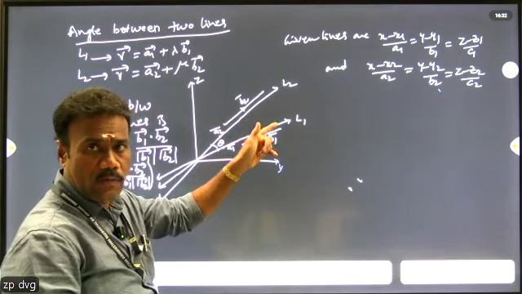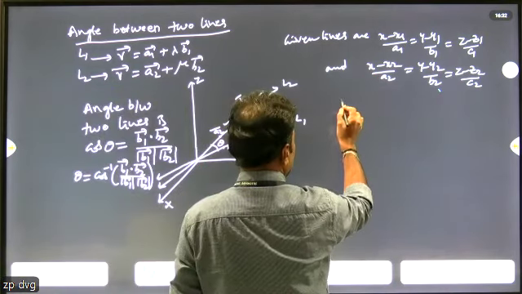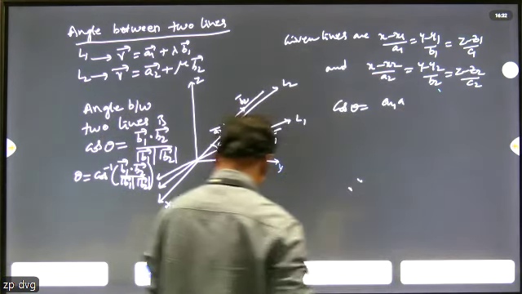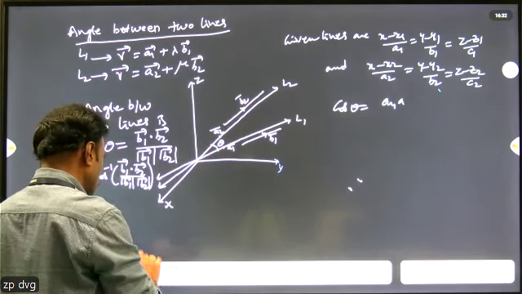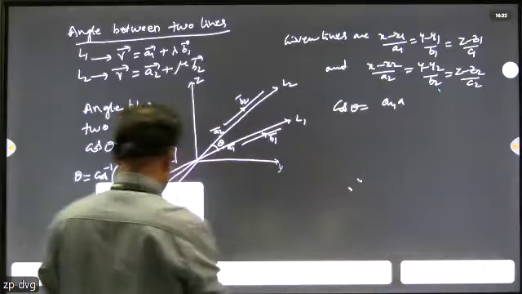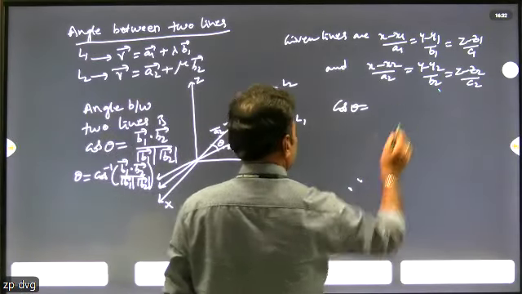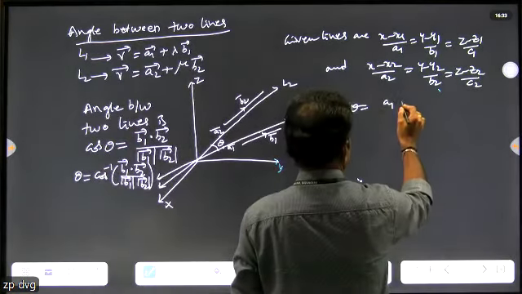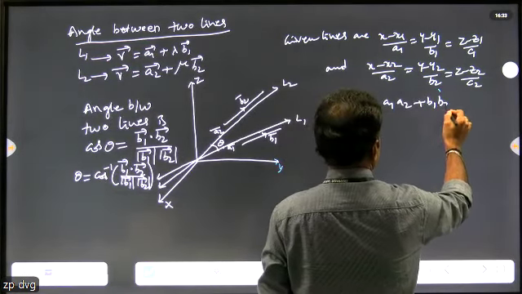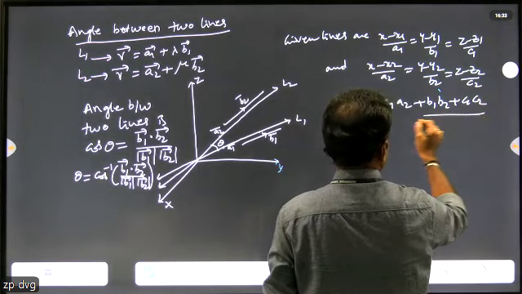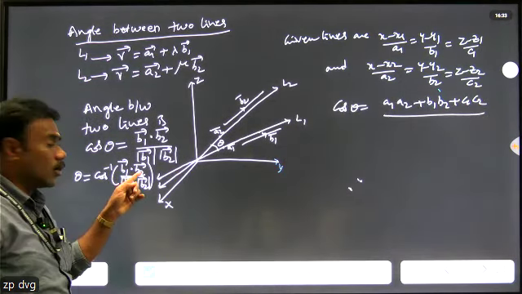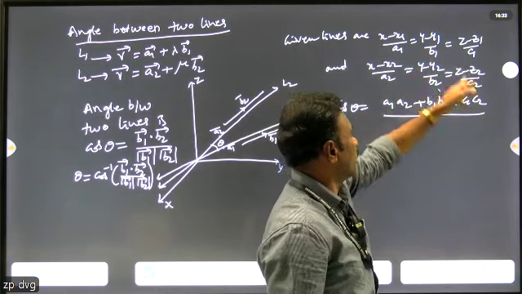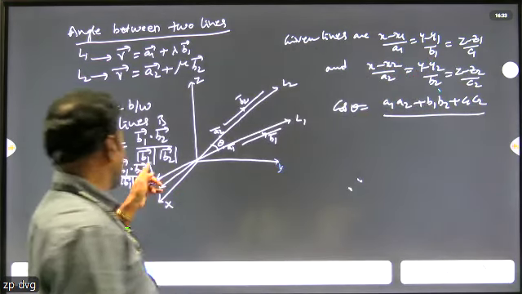So what will you get for the angle between two lines when the equations are given in Cartesian form? cos theta is equal to a1 a2 plus b1 b2 plus c1 c2 by mod b1 bar into mod b2 bar, because here it is the dot product of two vectors b1 bar dot b2 bar.